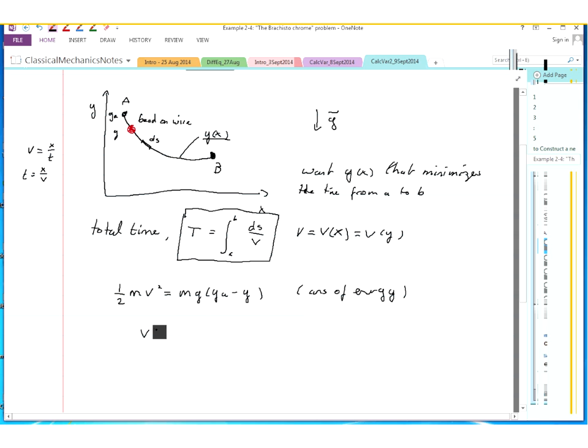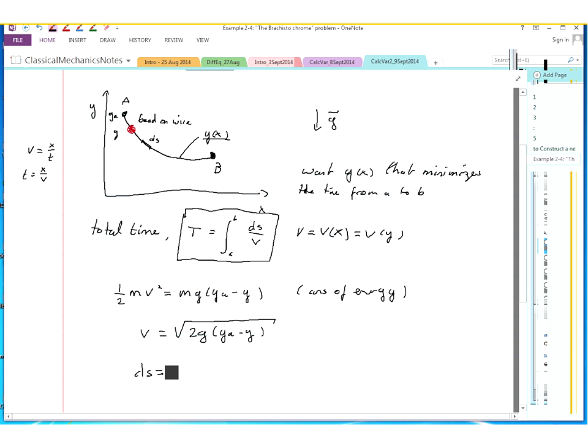So now we know how the speed v depends on y, right? It's the square root of 2g times ya minus y. Now we need to convert this, so we want this to be an integral over x, because we want y of x, right?